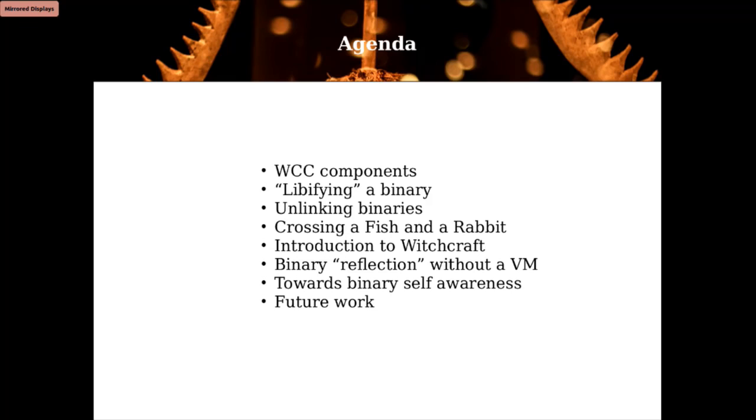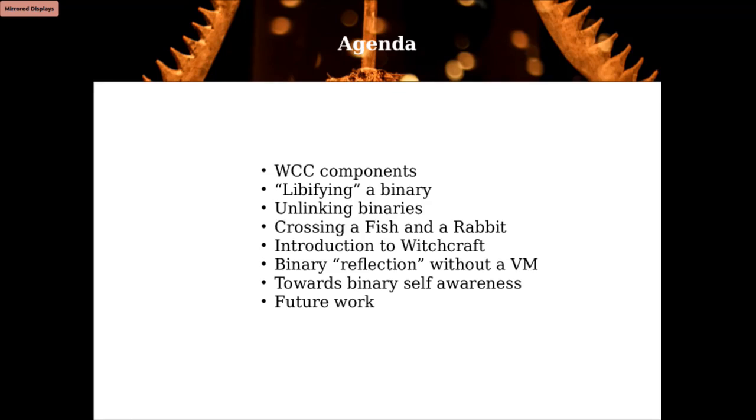Agenda. Today, we're going to talk about the Witchcraft compiler collection. I'm going to introduce quickly what the components are. I'm going to show you how to transform a binary into a shared library, which we will call libifying. Then I will show you how to take a final binary and unlink it back to relocatable object files that can later be relinked in either a new binary or a shared library.